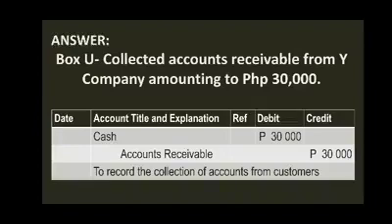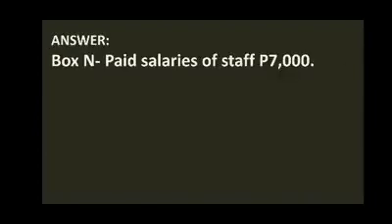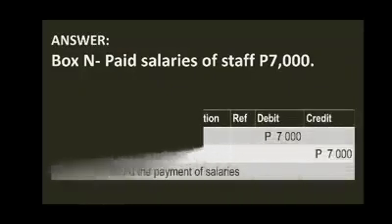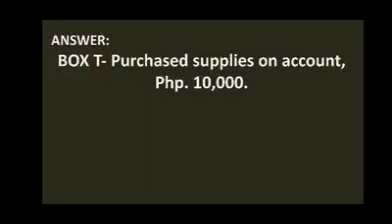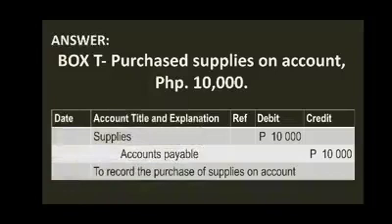And paid salaries of staff 7,000. So, ano yung binayaran? It's the salaries expense 7,000 and nabawasan yung cash ng 7,000. So, debit salaries expense 7,000 and then credit cash 7,000. And last is purchase supplies on account, 10,000. Pag on account, meaning inutang mo. So, debit supplies 10,000, credit accounts payable 10,000.